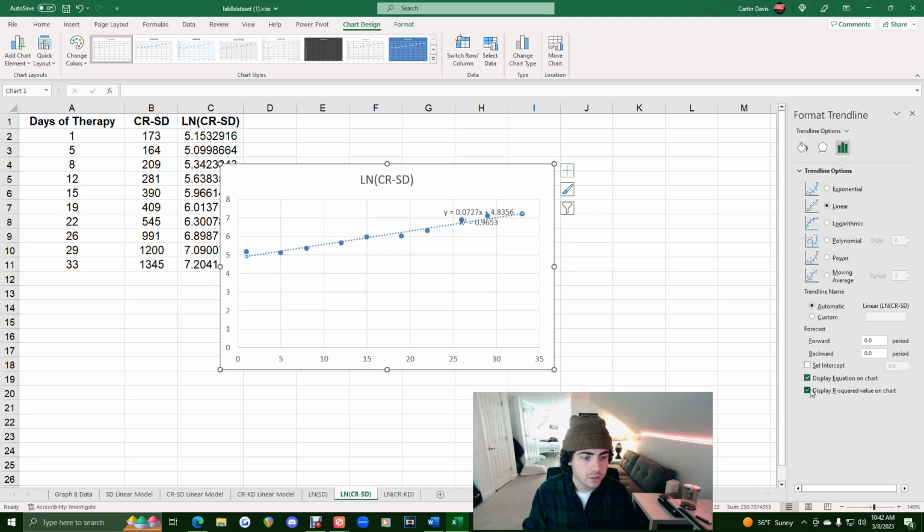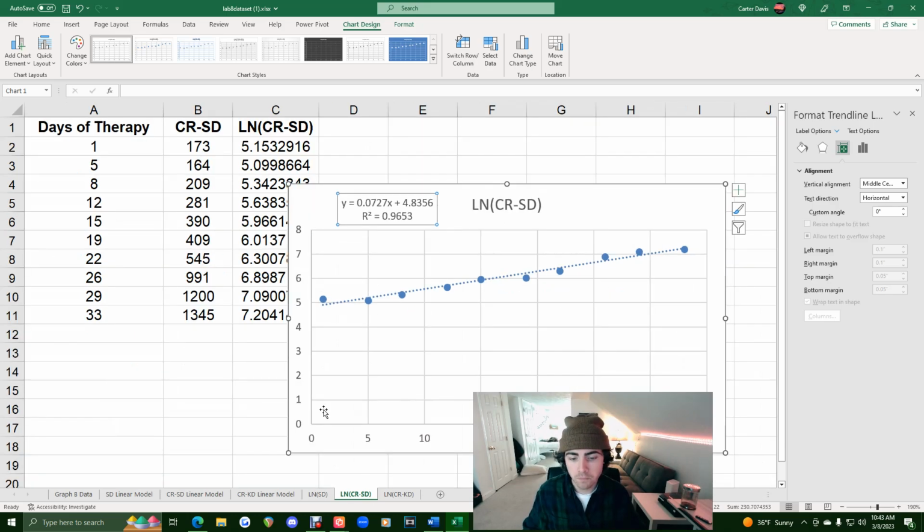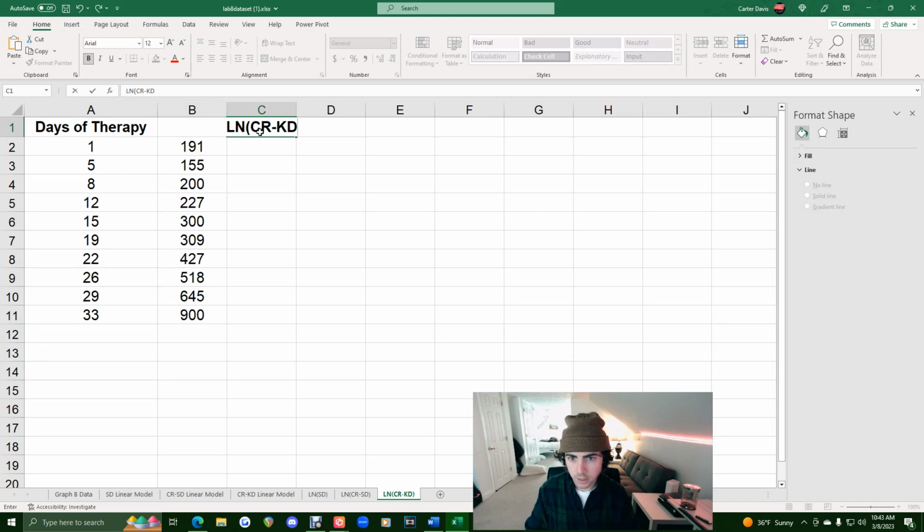Display equation, display R squared. We're doing all the same stuff. Hopefully I don't need to keep saying what to do. Our equation is 0.07x plus 4.84, and R squared is about 0.97 if we round up. Also much better than the other linear one we did. So ln of CRKD.